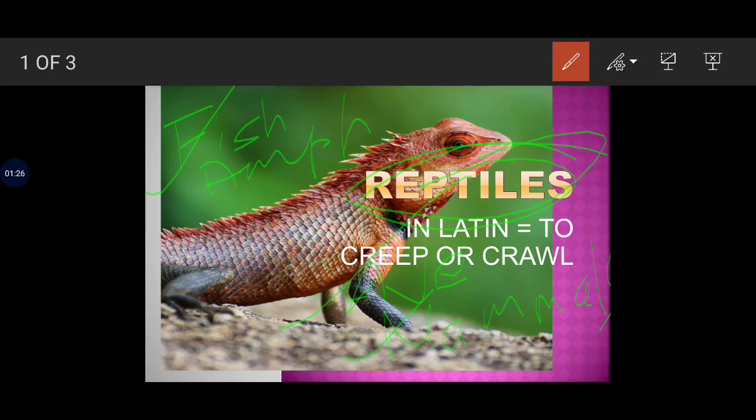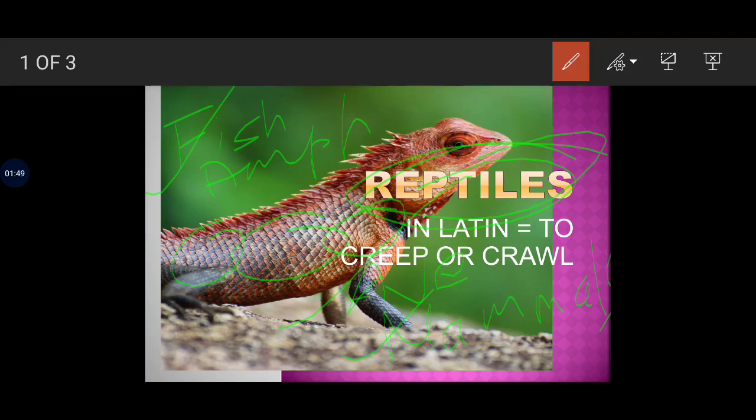One very important thing I can mention is that in this picture given in the slide, you may see that there are scales on the body of this organism, and these scales somewhat resemble the scales present in the fish.